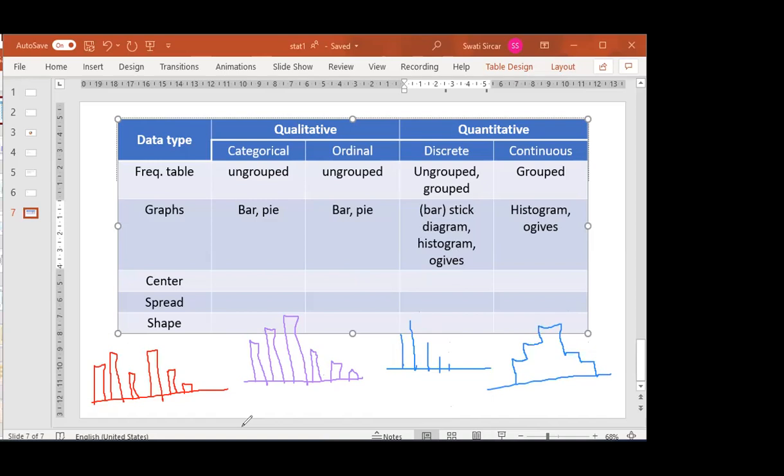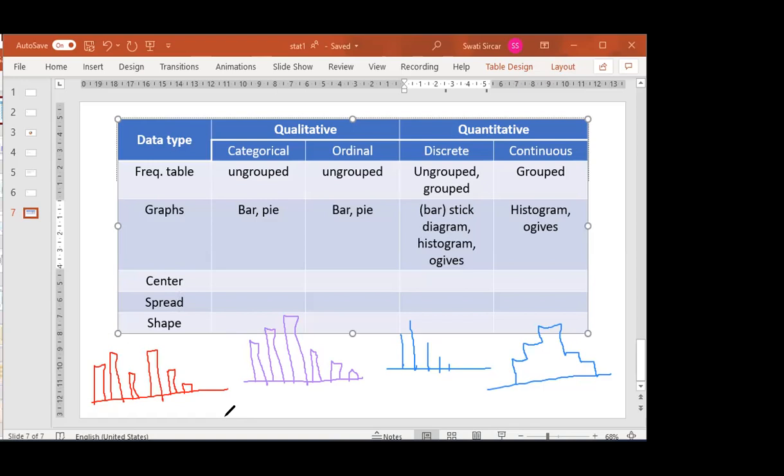Now, when you see this, there are usually three things we are interested in for any such distribution. They are called the center, spread, and shape. Center is discussed in class 7, then maybe a little bit in 8, definitely in 9, 10.